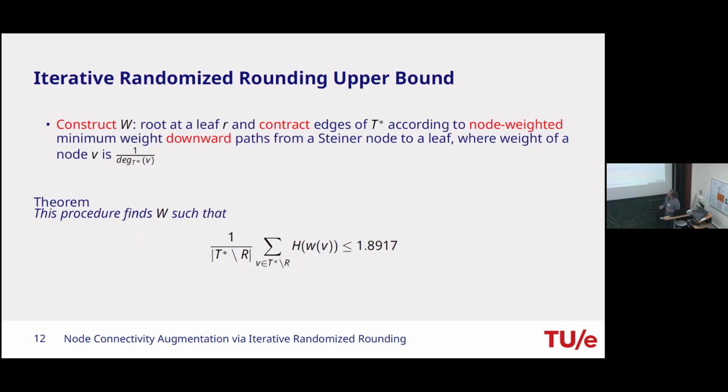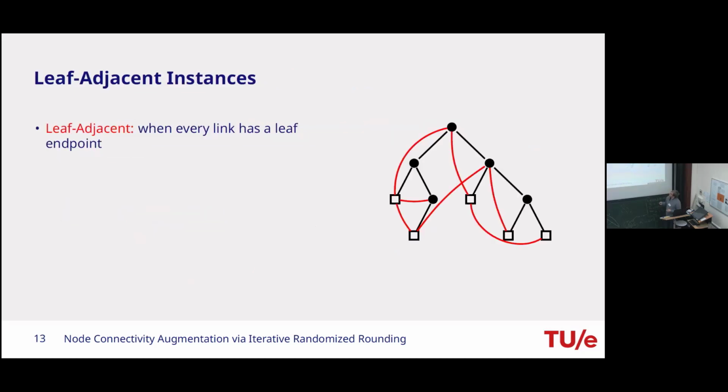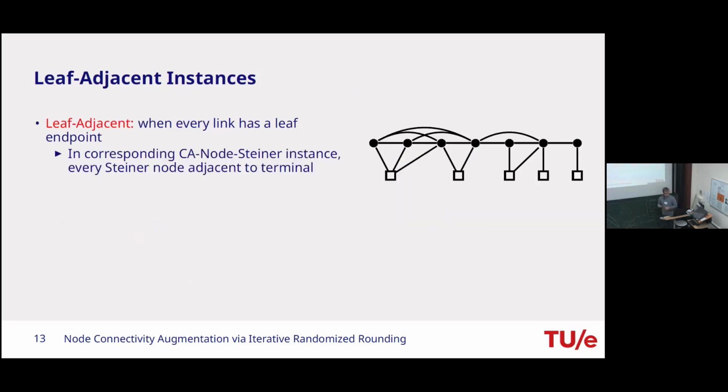Now for these leaf adjacent instances I referred to, a leaf adjacent instance is when, in the augmentation problem, every link has a terminal as an endpoint. So this is the corresponding Node-Steiner tree. And because of the requirement, every Steiner node is thus adjacent to a terminal.